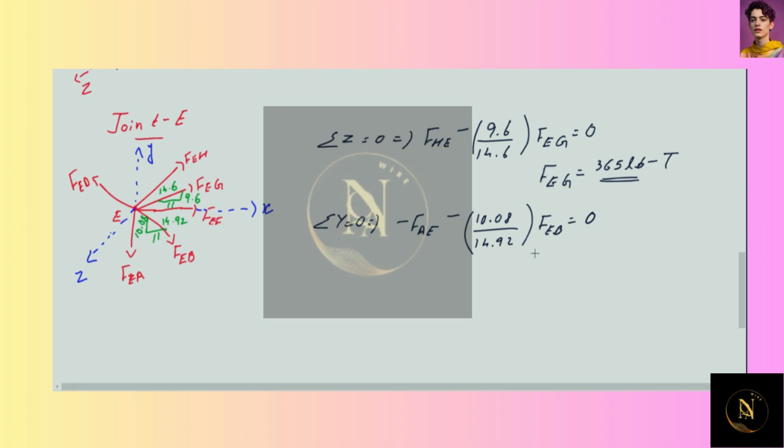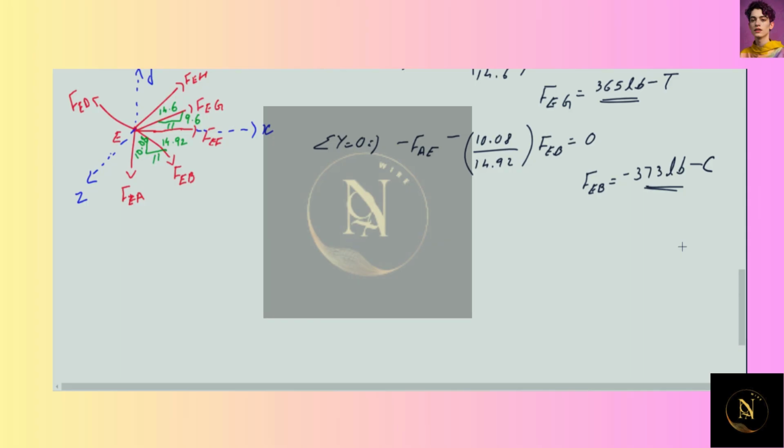From here substitute the value of FAE in this equation. That gives you the value for FEB, that will be minus 373 lb. The direction of FEB, you can see here, is going out, but there is a negative sign in the solution. That means the actual direction of FEB is going inward. That creates compression. Let's denote it by the letter C.